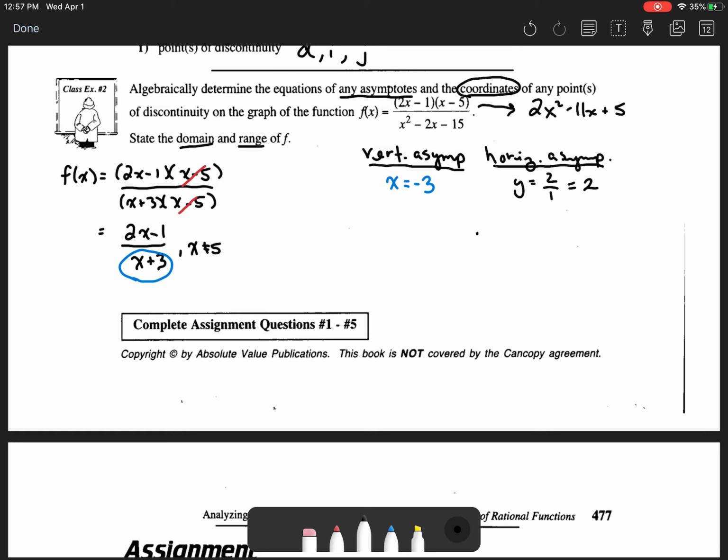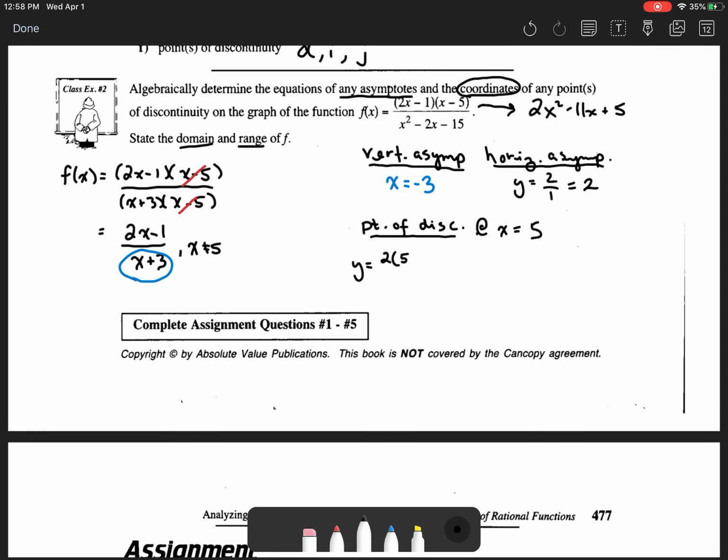Now the last thing I want to discuss here is the point of discontinuity, and then we'll go into domain and range. The point of discontinuity comes from the factor that I canceled between the numerator and denominator, and that was x minus 5. So the point of discontinuity is going to occur at an x value of 5. Remember, I take that value of 5 and substitute it into the remaining simplified function.